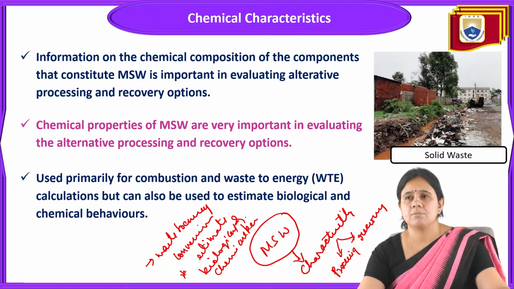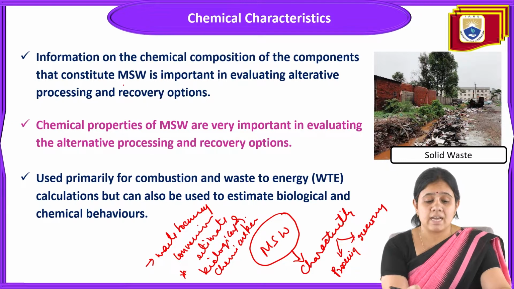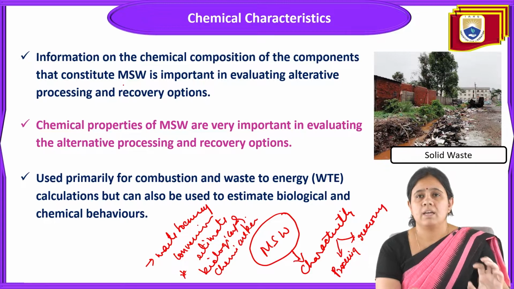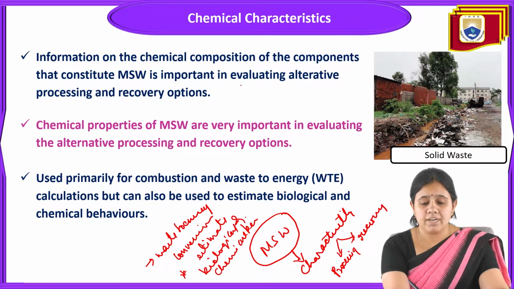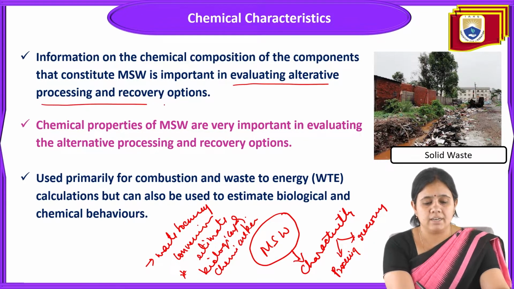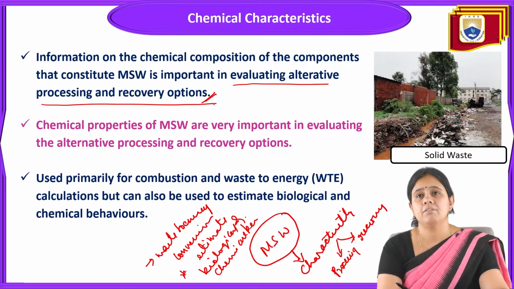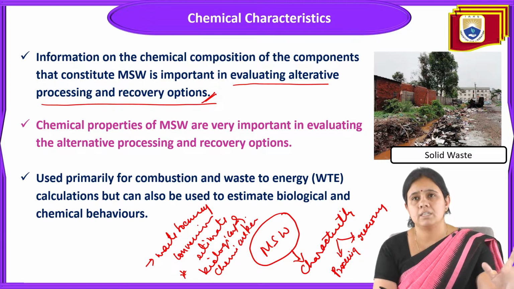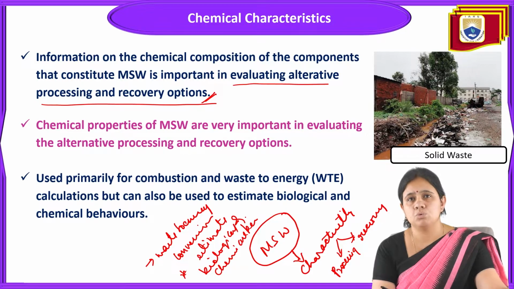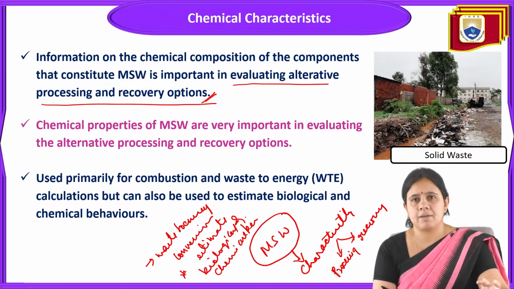This will be reflected by the chemical characteristics of the MSW and the information on the chemical composition of the components that constitute the whole MSW, which is important in evaluating the alternative processing and recovery options. It is important for the evaluation to understand which method we will use for the processing of this particular type of MSW.